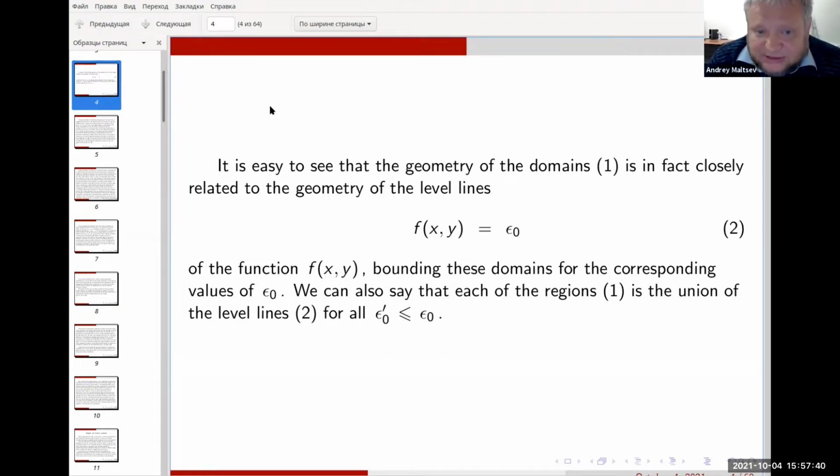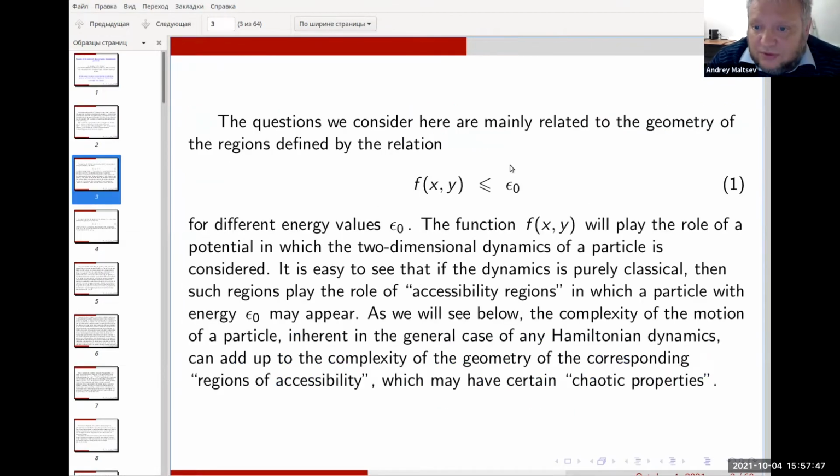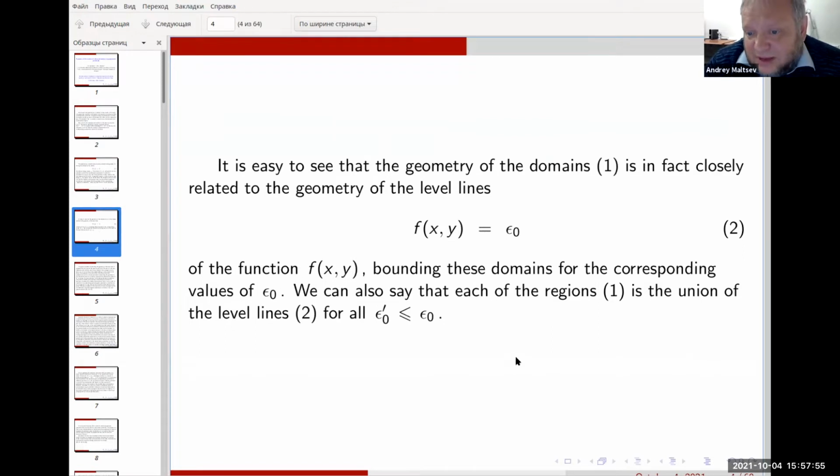First of all, of course, the geometry of the accessibility regions given by inequality 1 is closely related to the geometry of level lines, because every accessibility region is restricted by some level line, and also it can be considered as a union of all the level lines with smaller energies.